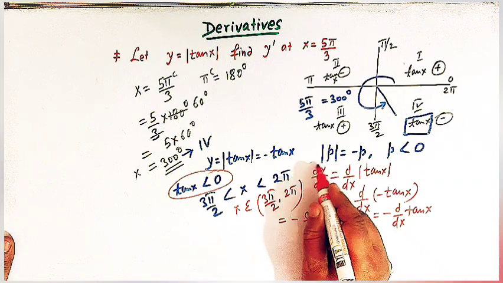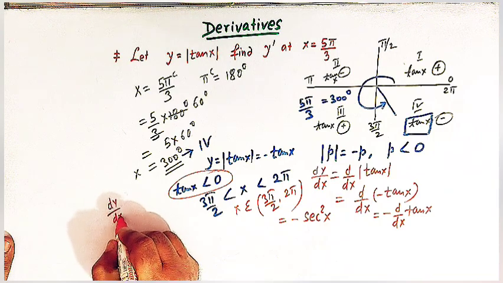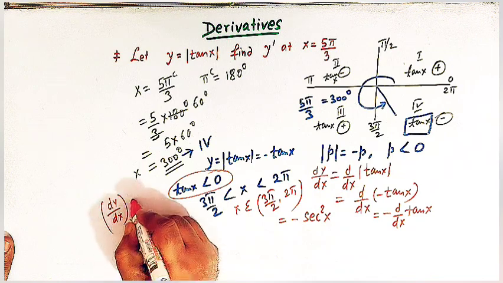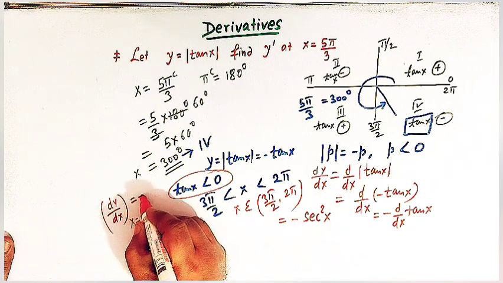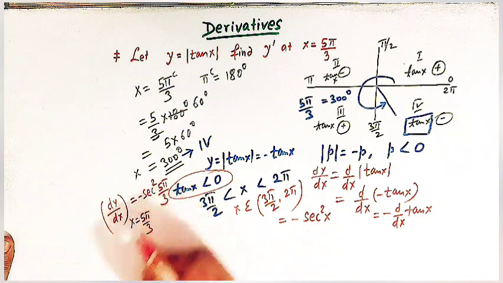So now the derivative at this point is given by dy by dx at x is equal to 5 pi by 3. So we have a negative of secant square of 5 pi by 3.